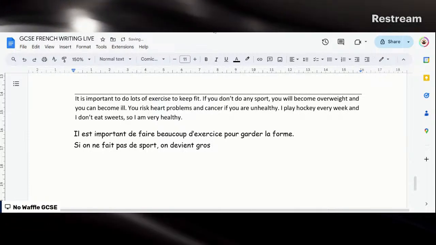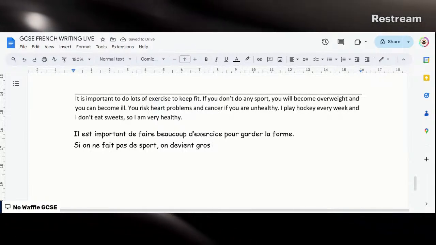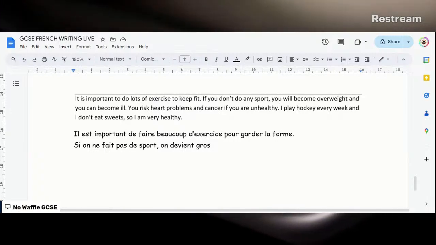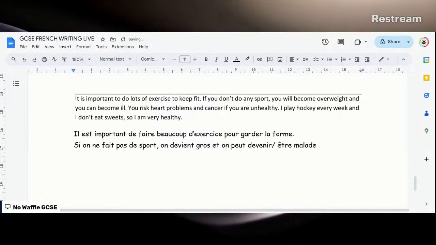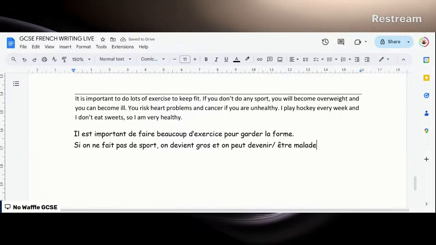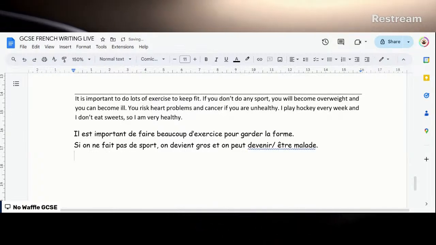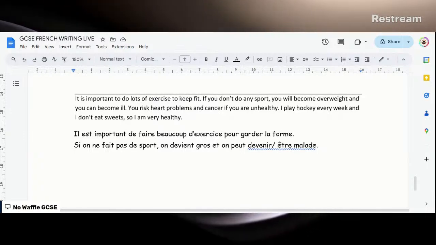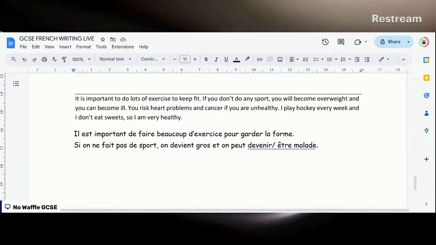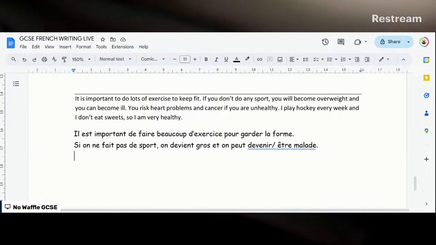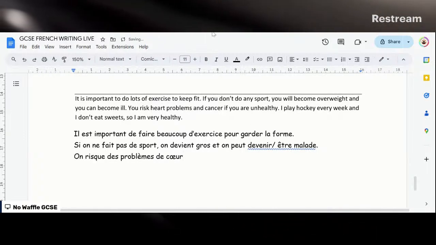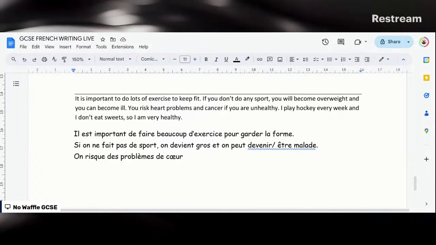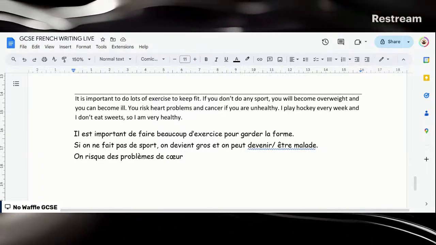And you can become ill: et on peut devenir ou on peut être malade, which is ill. You risk heart problems and cancer if you are unhealthy. So, on risque de problèmes de cœur. Notice how you do transposition there between French and English. Et le cancer.